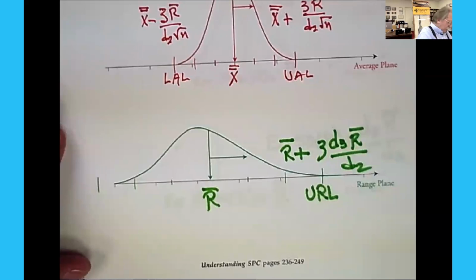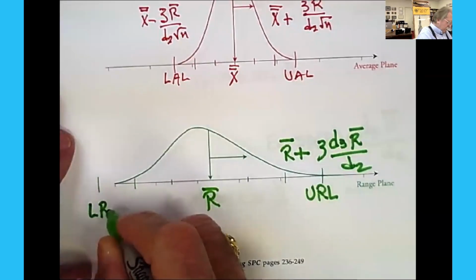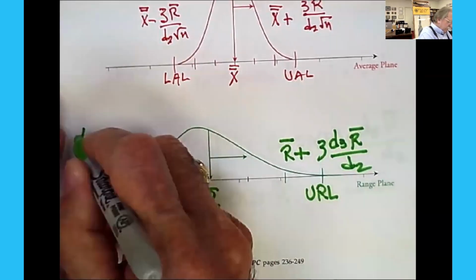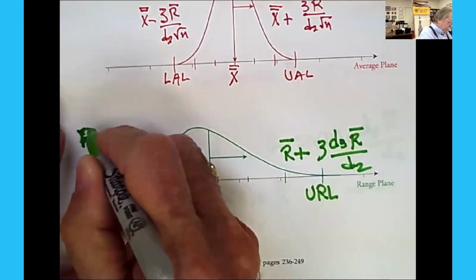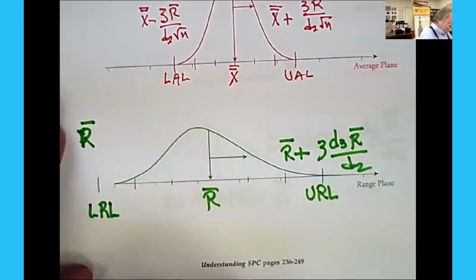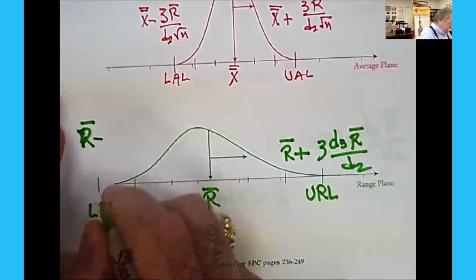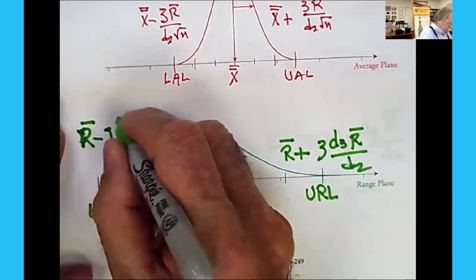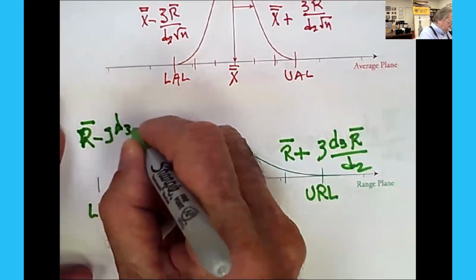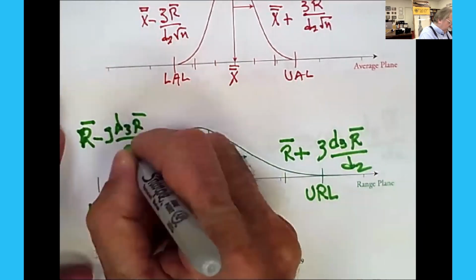The lower range limit would be R bar minus 3 D3 R bar over D2.